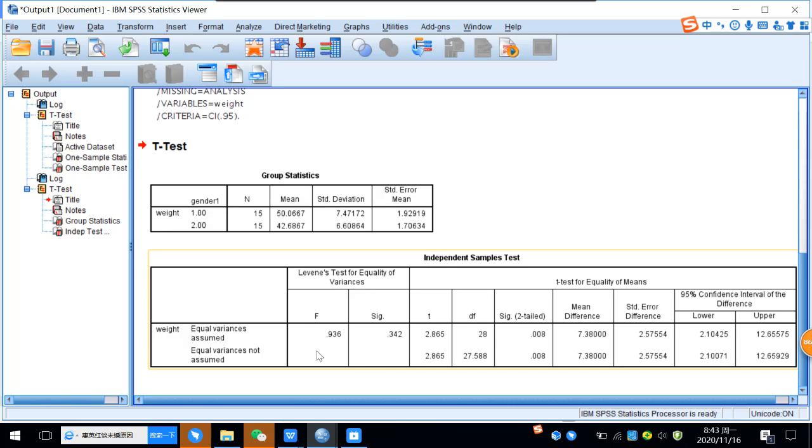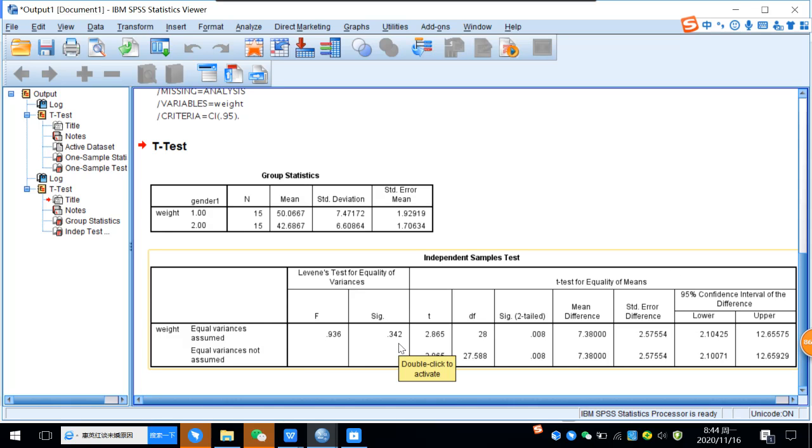Through here you can see that the F value is 0.936 and the corresponding significance is 0.342, right? Which is more than 0.05. So that means the equality of variance is assumed. Okay, so that is the first part.